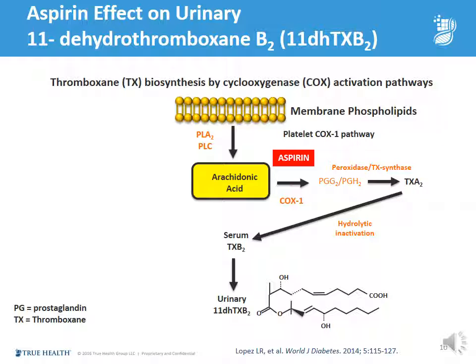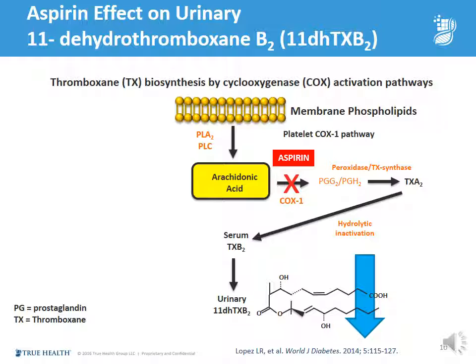Now at rather low doses, baby aspirin incredibly effectively blocks the COX-1 pathway, which would diminish the production of thromboxane A2, diminish platelet reactivity, and of course cause reduced urinary levels of 11-dehydrothromboxane B2. So if you had a patient where the biomarker was elevated and you prescribe low-dose aspirin, it would not be surprising to see a decrease in the level in the urine, which certainly would be an indication that aspirin has inactivated the COX-1 pathway.